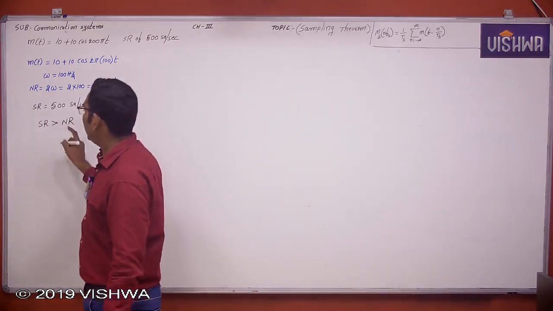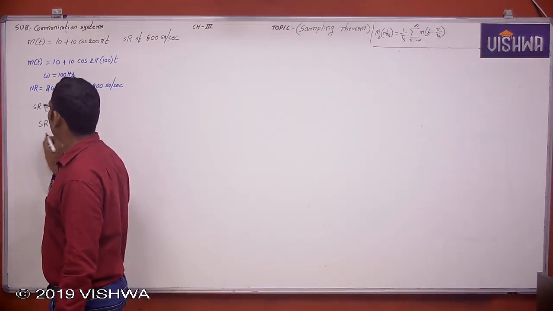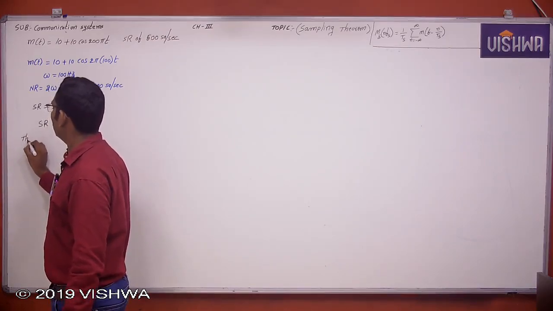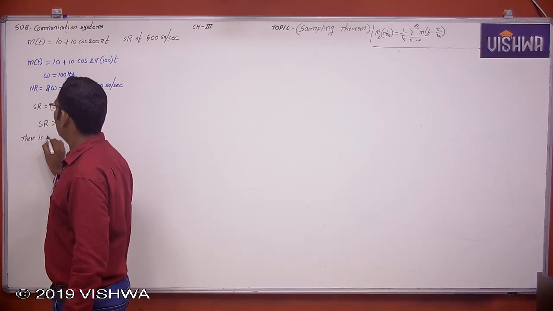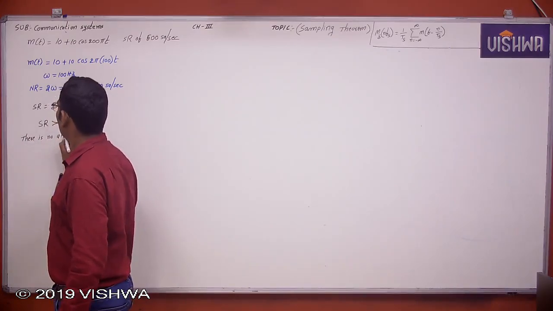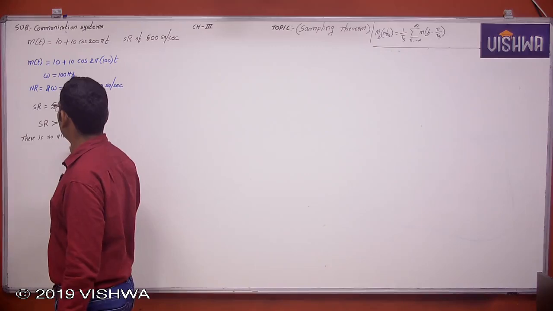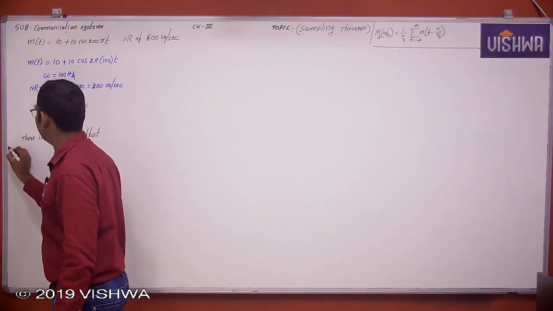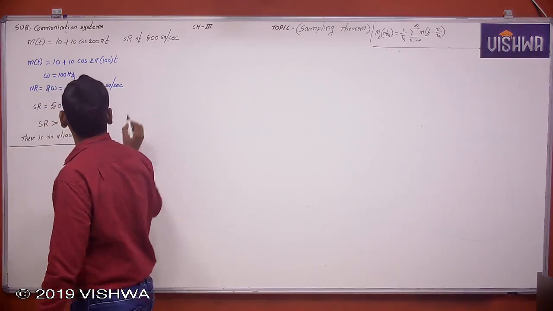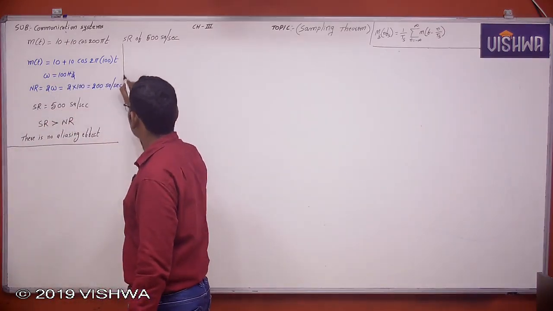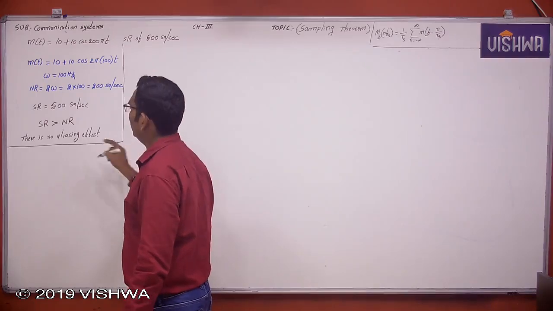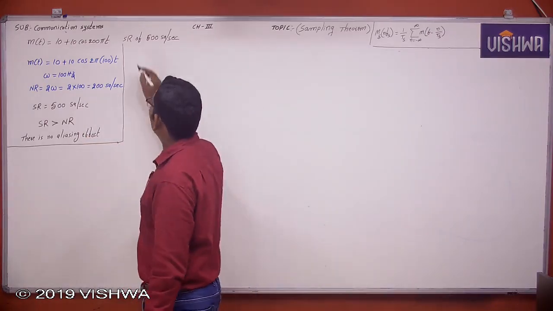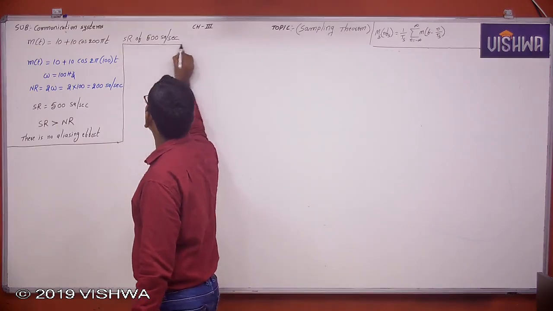Therefore, the sampling rate is greater than the Nyquist rate, which is an advantage, and there is no aliasing effect. So, question number 1: there is no aliasing effect because the sampling rate is greater than the Nyquist rate.